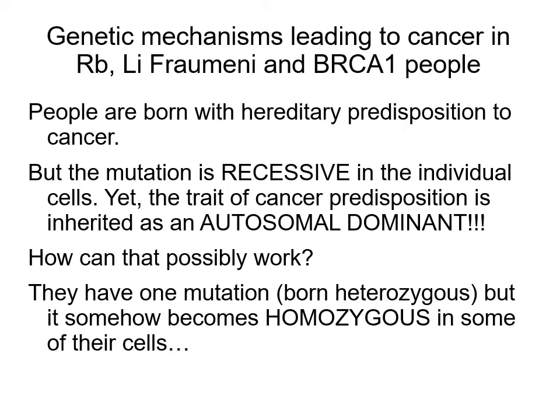Okay, so the idea here is that during development, during life, genetic events occur in those cells which cause loss of heterozygosity, which is to say, cause the mutant form to become homozygous in some of their cells. So even though all their cells have one wild type and one mutant copy, some of them become homozygous for the mutant copy, and those are the cells that are going to then give rise to the tumor.